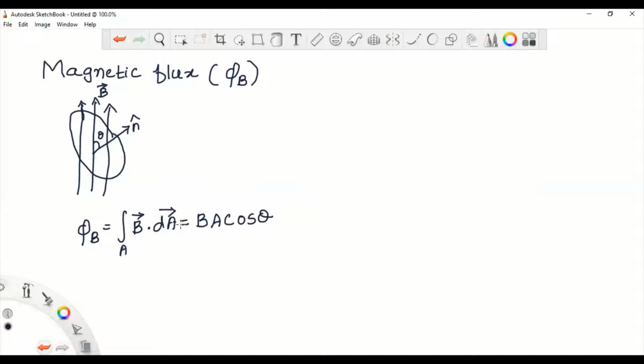Now let's see if the magnetic field is uniform over the area and is perpendicular to the area.